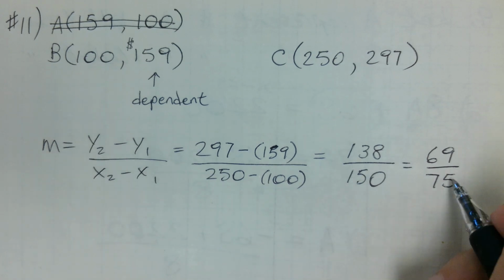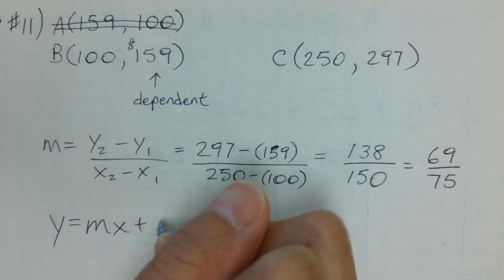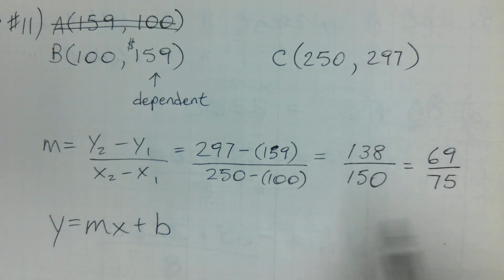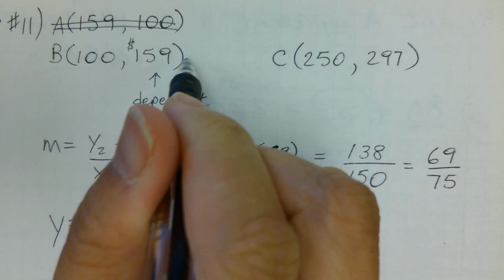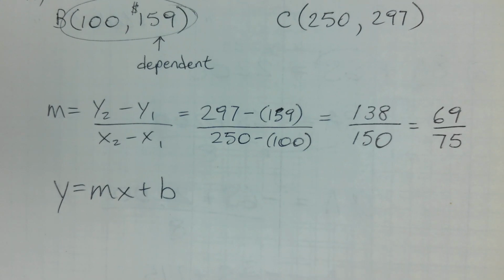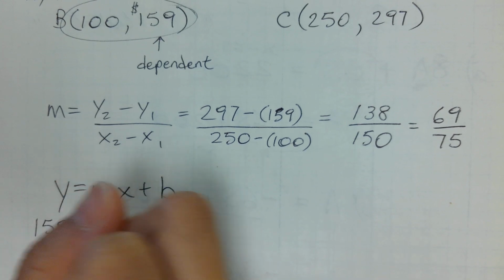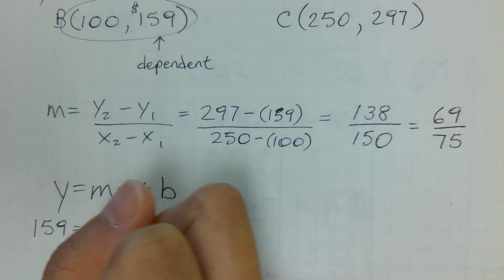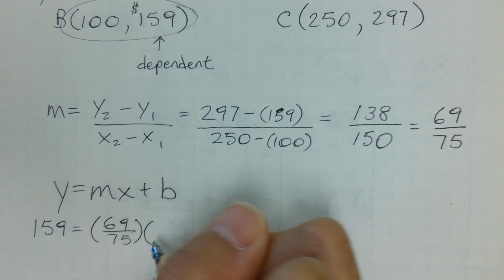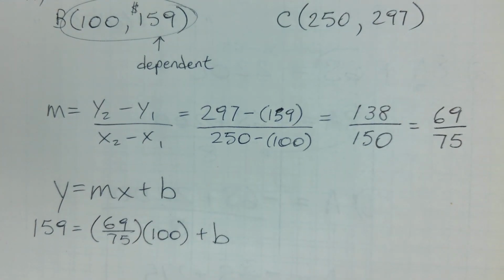So now that I have this, I can sub it into y equals mx plus b to figure out what b is, my y-intercept. Looking at these two points, I'm going to go with this point because the numbers are a little smaller. So y is 159, m is 69 over 75, x is 100, plus b.